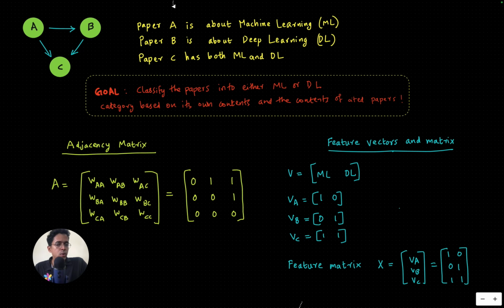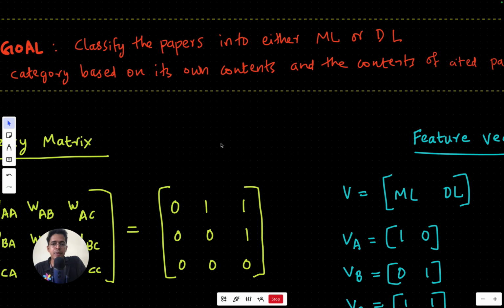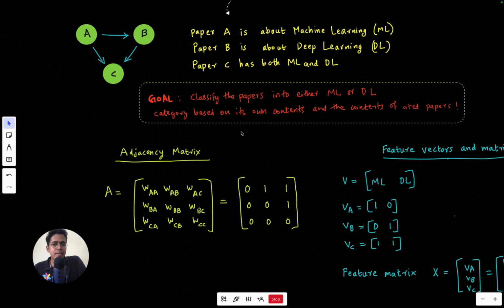Now, let us come to two concepts. First is the adjacency matrix, and second is the feature vector. Adjacency matrix is a terminology that is present in graph neural networks. It's extremely simple. Basically, it is the weight of the edges between two nodes. Here, it's a 3x3 matrix. In this particular case, the adjacency matrix A is a 3x3 matrix because there are 3 nodes.